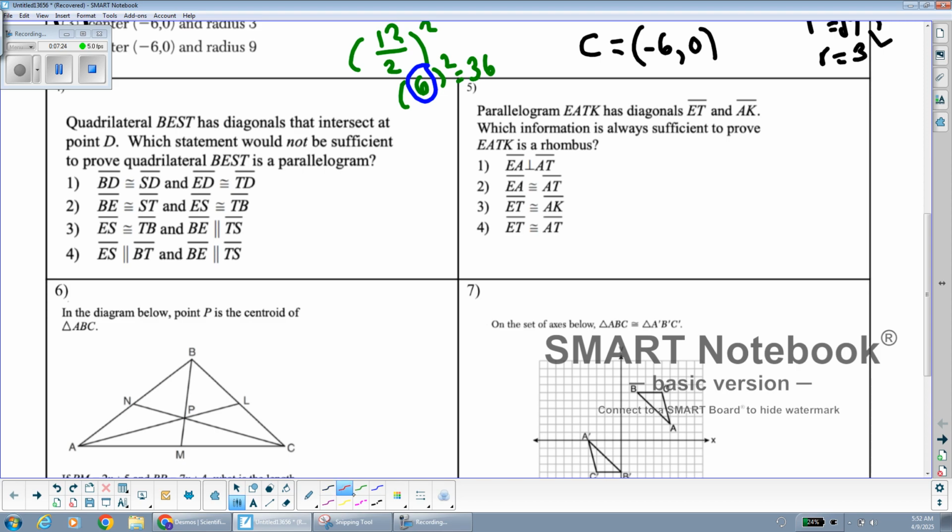These are some review questions on quadrilateral properties. If we have quadrilateral BEST, which would not be sufficient for proving that it's a parallelogram? Let's take a look. The first one is BD congruent to SD, so that's the diagonals.